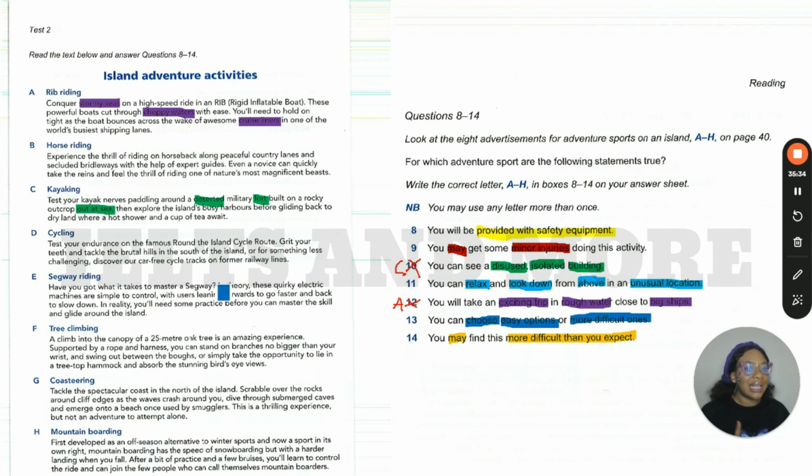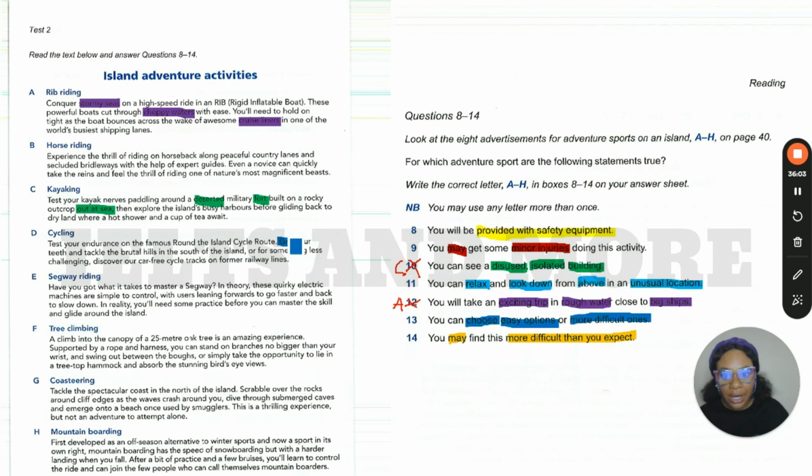You can choose easy options, which is the less challenging one from paragraph D, or more difficult ones, which is the one where you grit your teeth. So you have two options. Either you choose the more difficult ones, or you choose the easier one, the less challenging one. So that is why number 13 is going to be D. So what are the key words here?